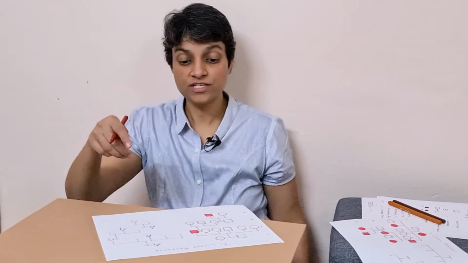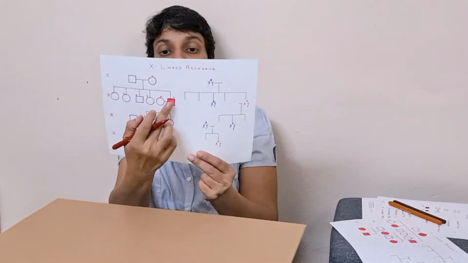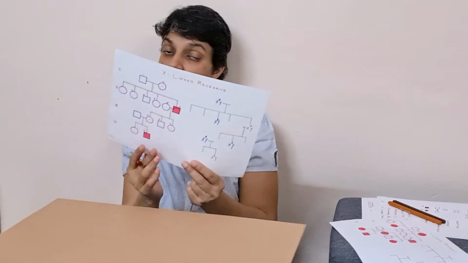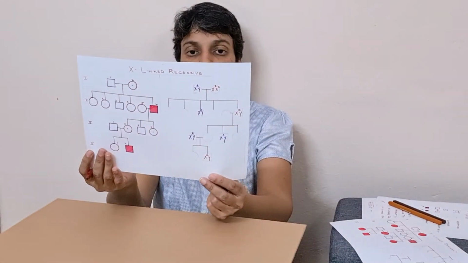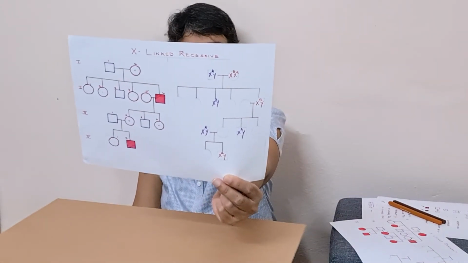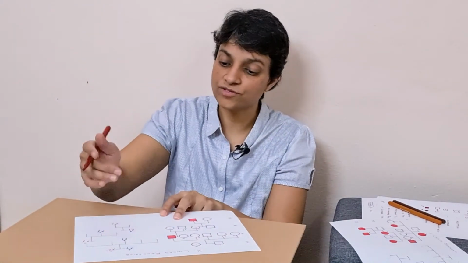Therefore, if this boy got a defective X, it means the mother is a heterozygote on her X. So, we have the mother's genotype also written. So we will write the genotypes.